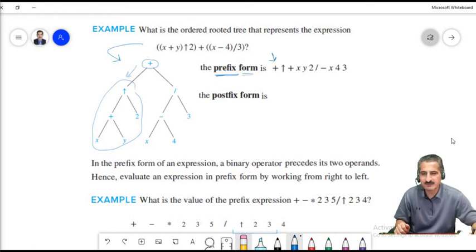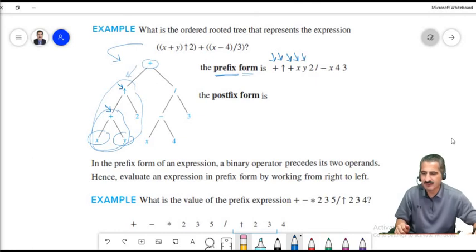So if we apply that, then we will take the root and visit the subtree in there. So in here we took the root, this is plus. Now this subtree, take the root and list it here, and go to its left subtree, take the root, and go to its left subtree, which is x, so we take x, and then the right subtree we take y.